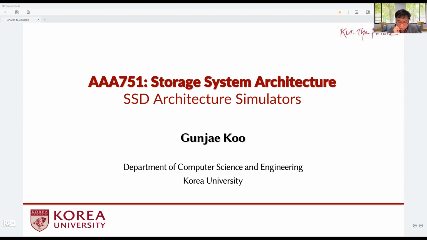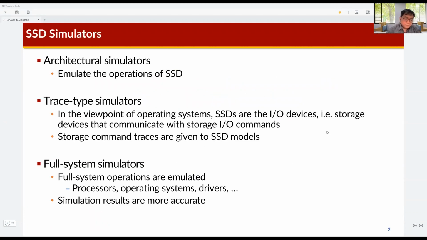Okay, so in this time, I will introduce the 2 SSD architectural simulators, and then I will briefly explain the project for this course. So SSD also has architectural simulators.